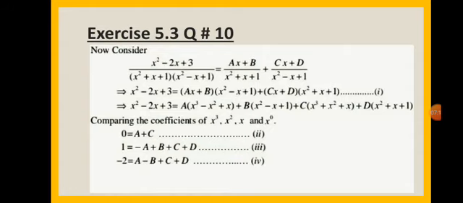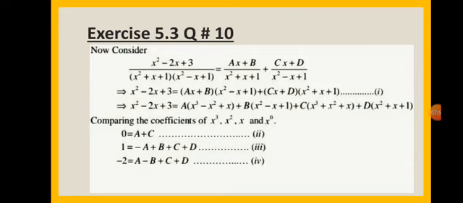Similarly, cx is multiplied by the terms, and c I take as a common. So x cube plus x square plus x will be the factors, plus d into x square plus x plus 1. Students, in this way we separated the powers along with their coefficients.